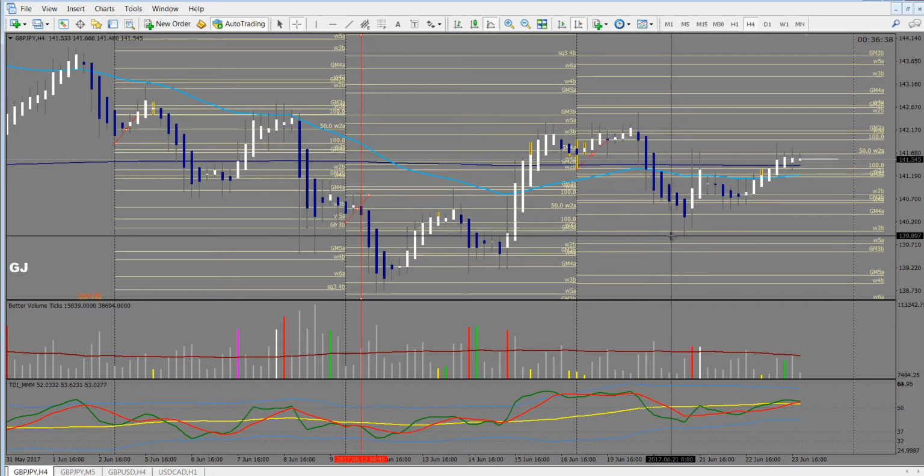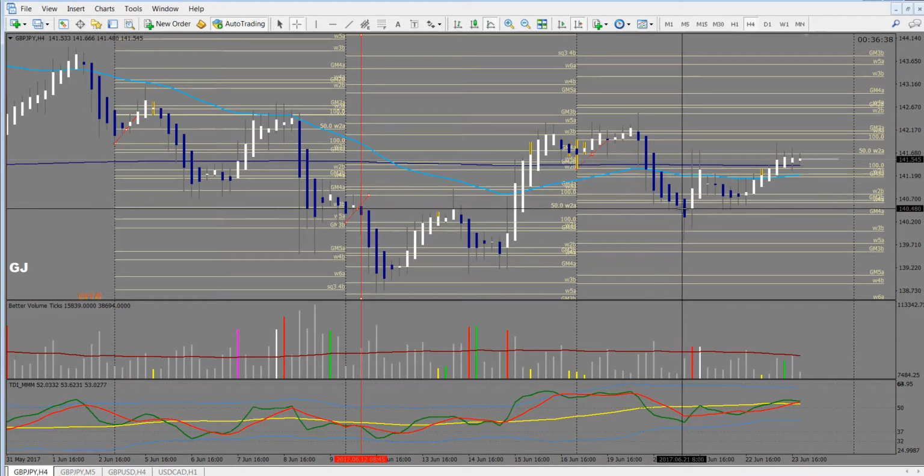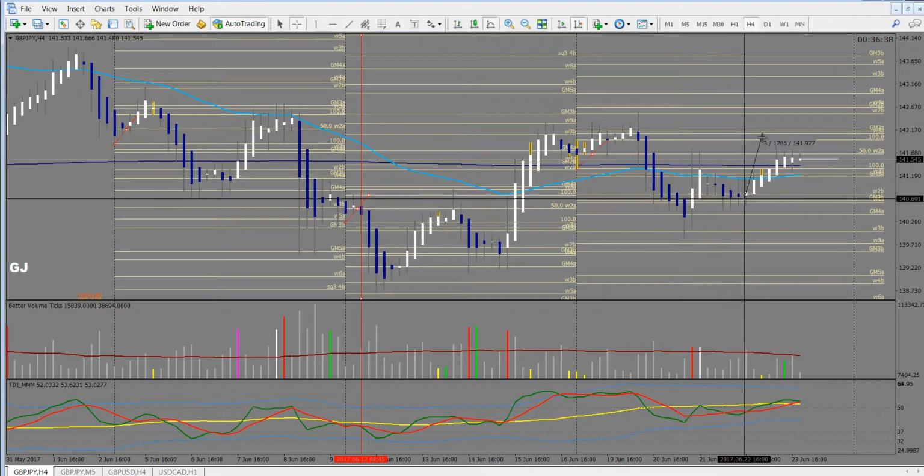Even though there wasn't really the characteristic accumulation like we have here, you can tell by the volume that it is accumulation. Then they increased volume, manipulation, trade. Same thing again, accumulation, manipulation, trade.